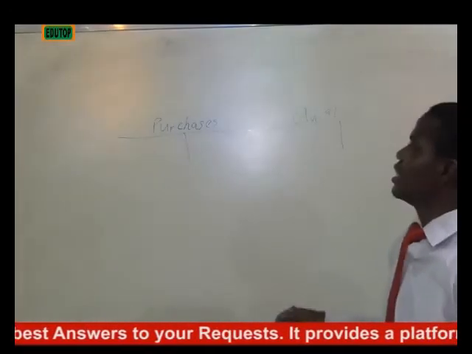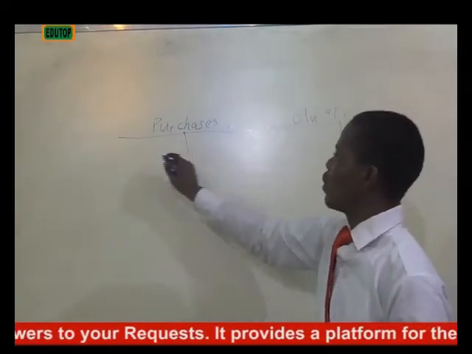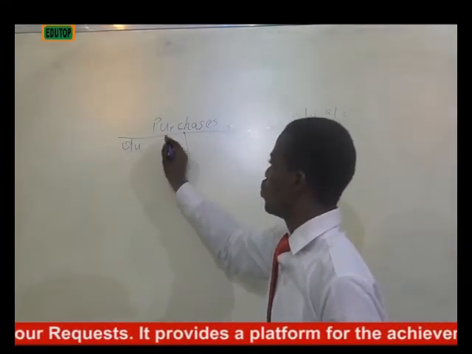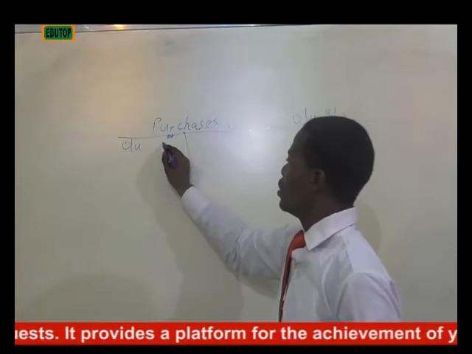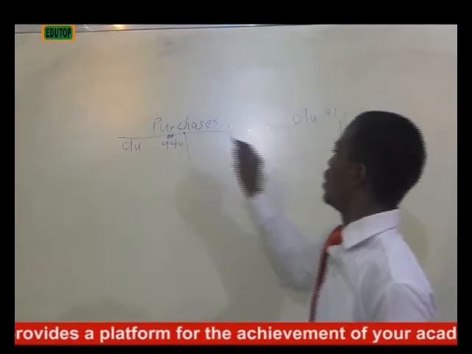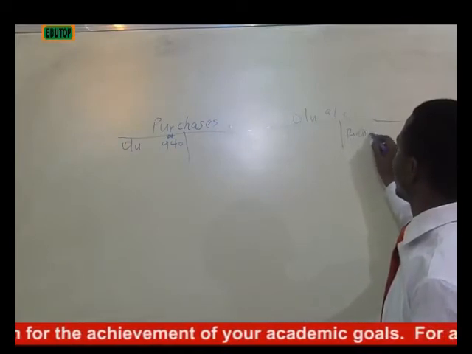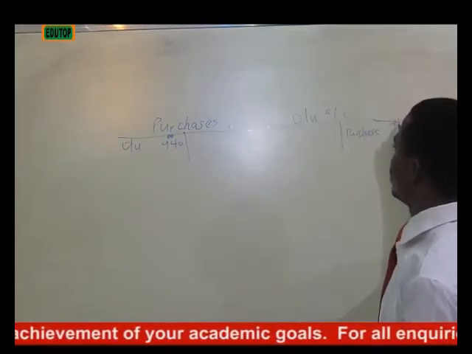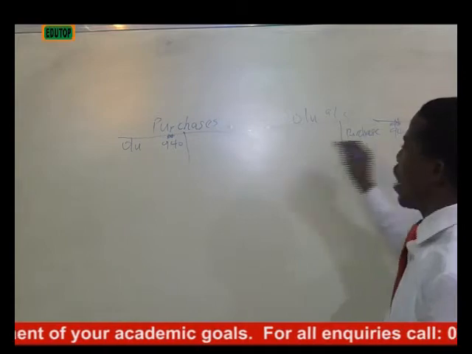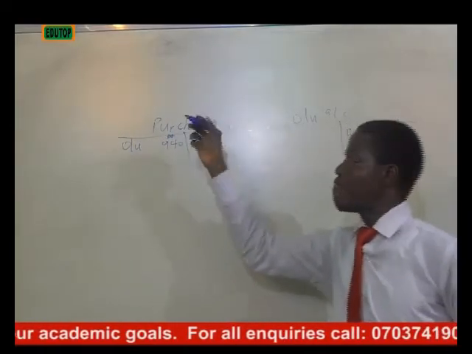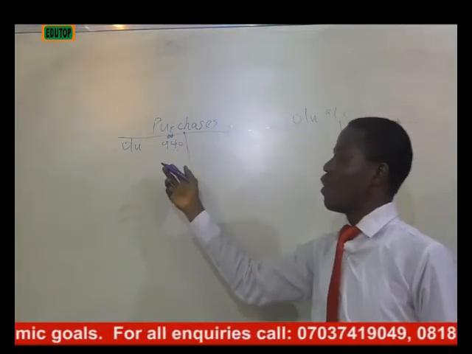Now how are we going to effect the change? In purchases and Olu's account, you write purchases 940, and it's supposed to be 490 instead of 940.